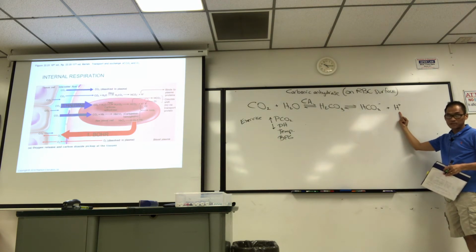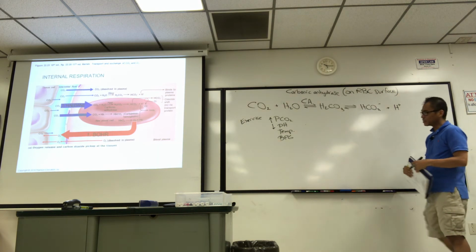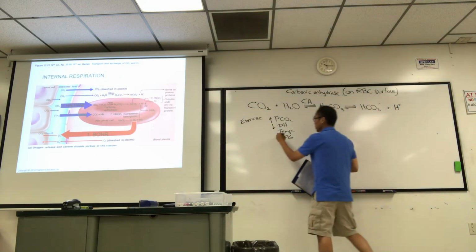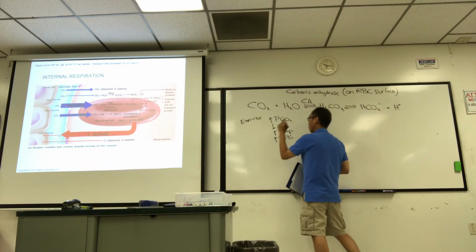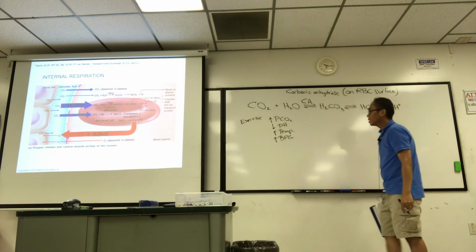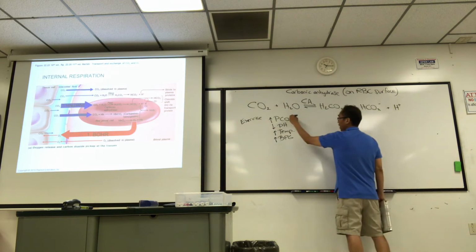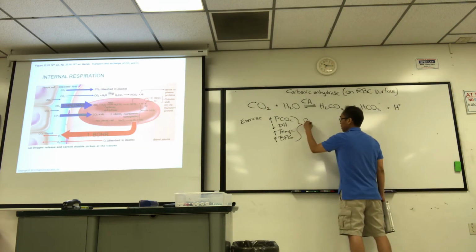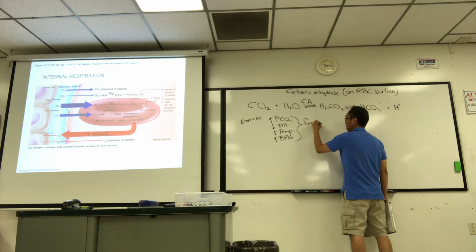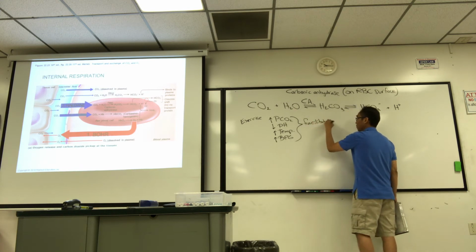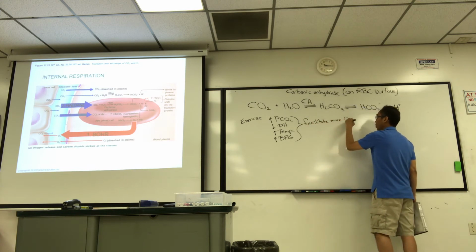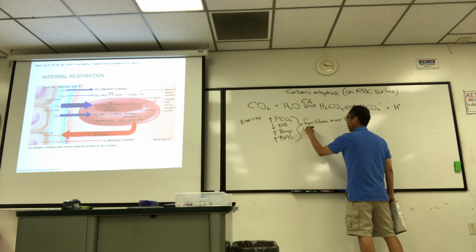That drops the pH, right? CO2 affects the pH. Body temp increases, BPG increases, so all of these changes are basically the Bohr effect. They facilitate more O2 unloading.